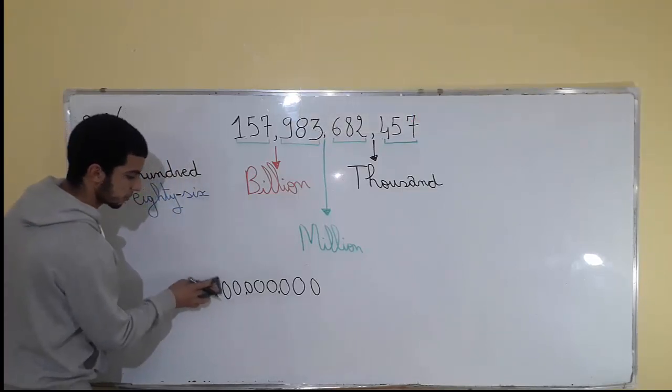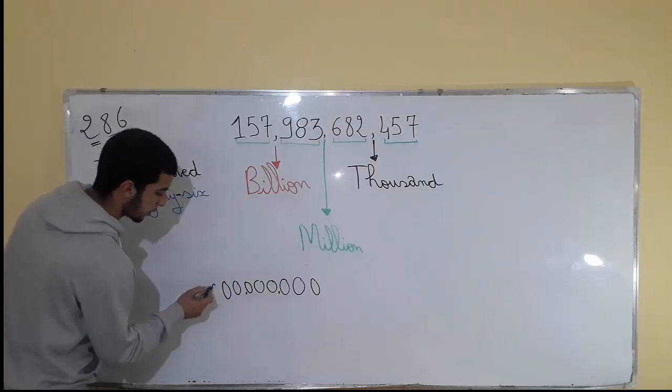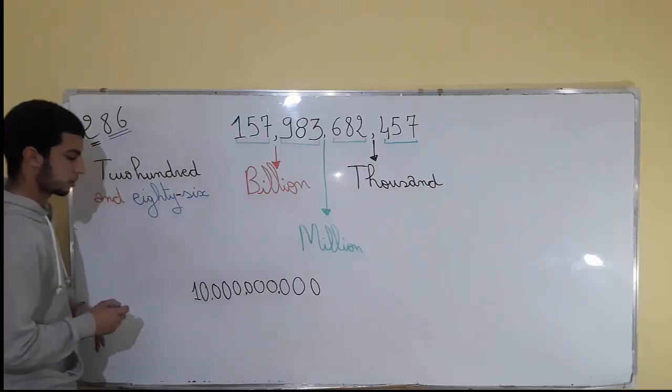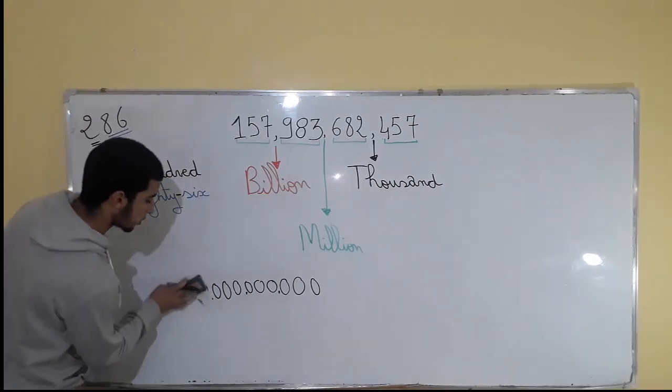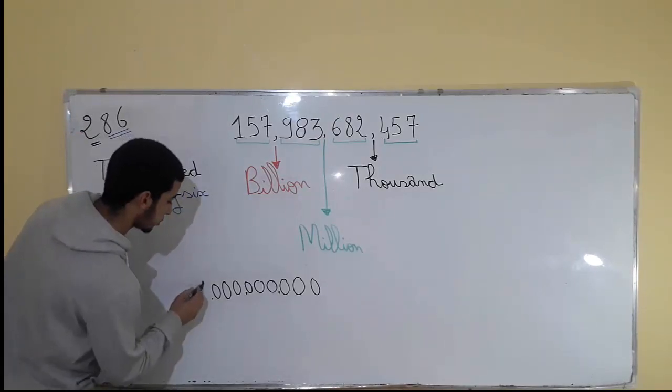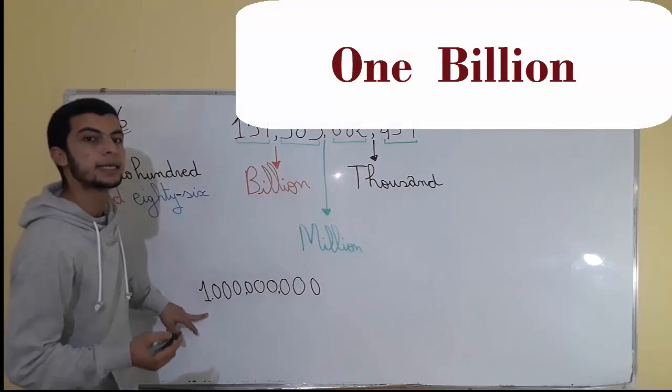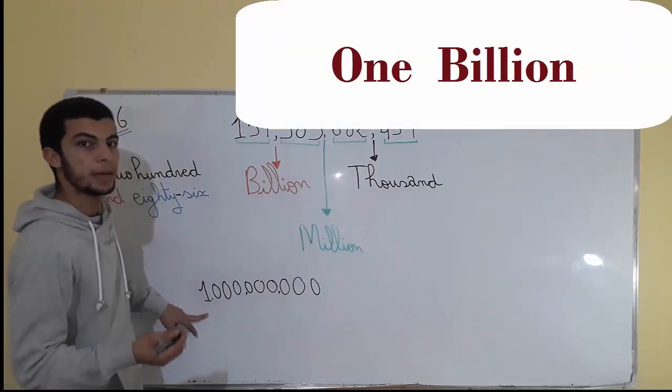Great. What about if we add again another 0? So, no, it's just 1. So this is 1 billion.